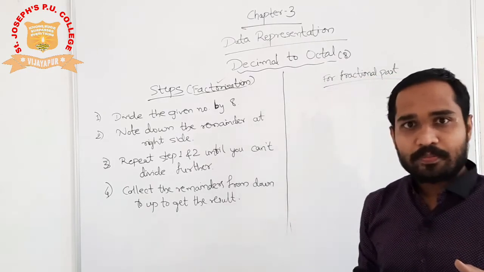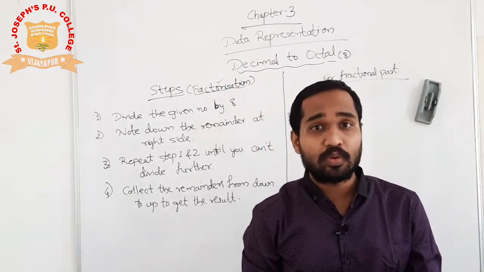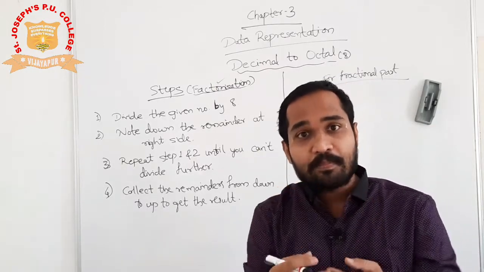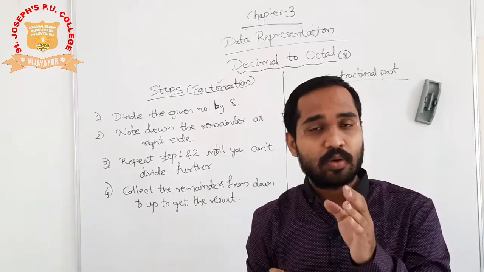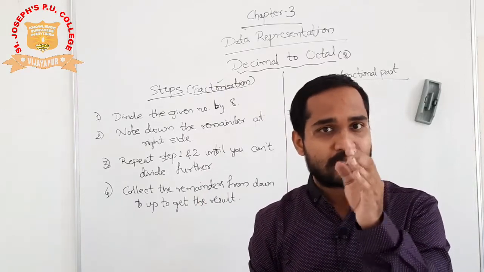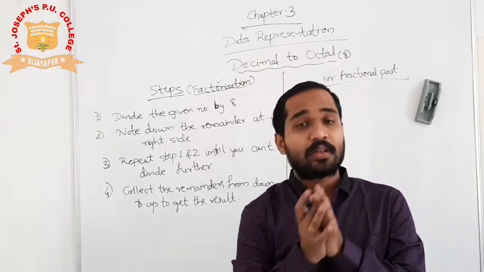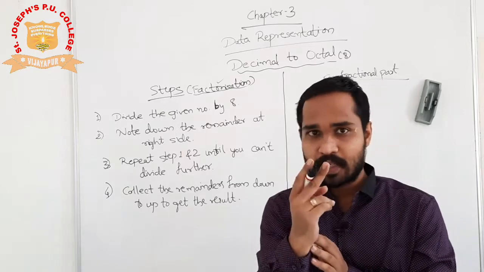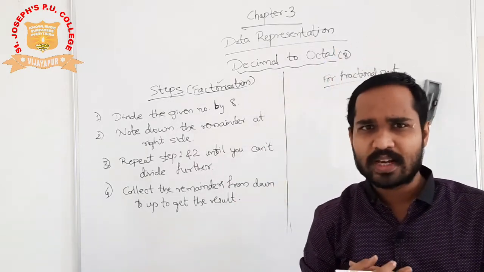You already know how we did this for binary. If a point was given, we would go on multiplying it by 2. I am not writing the steps again. I hope you have written the steps for binary. The same steps you use here also. The only change is that when we were doing binary, 2 was the base. Here 8 is the base. That is the difference. Only that much.